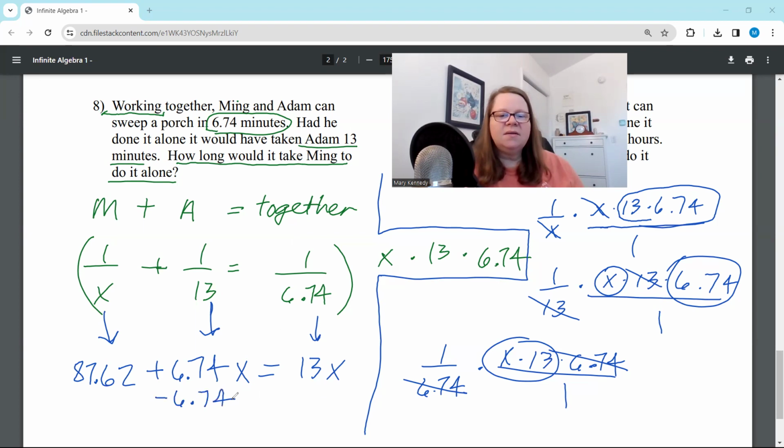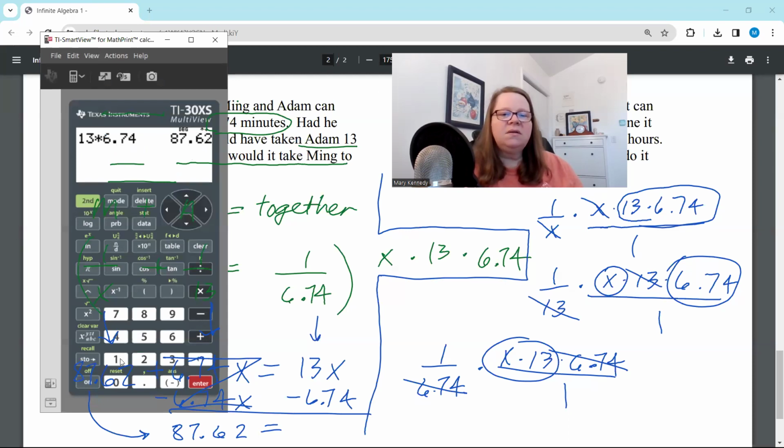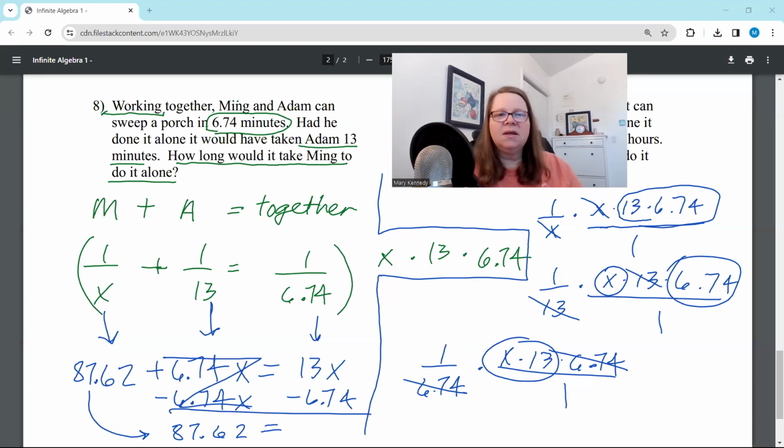Let's subtract 6.74X from both sides. That's 0, and we're left with 87.62 equals 13 minus 6.74, which is 6.26, and that's an X term.